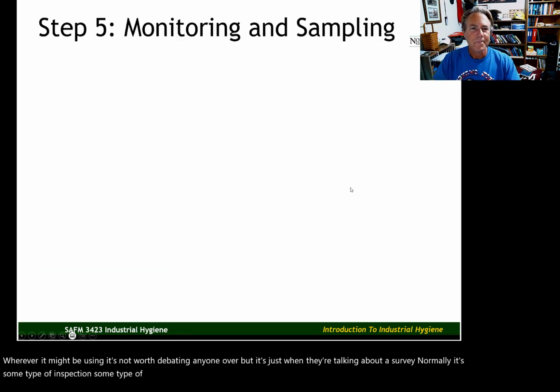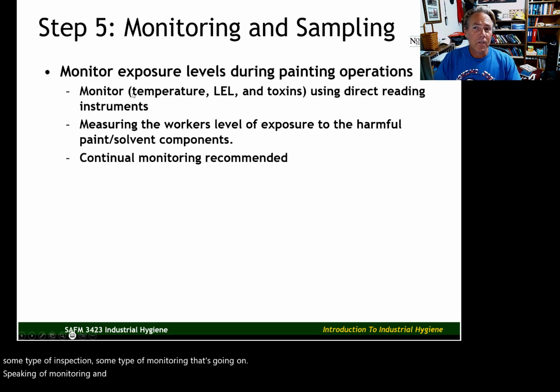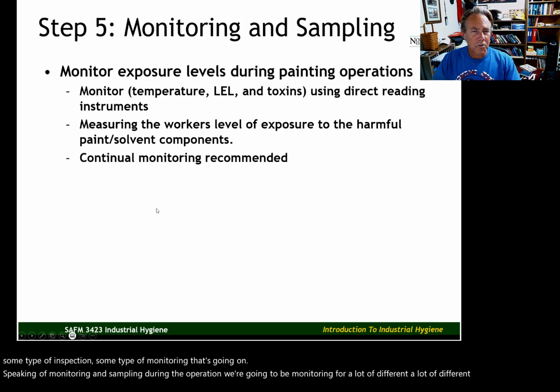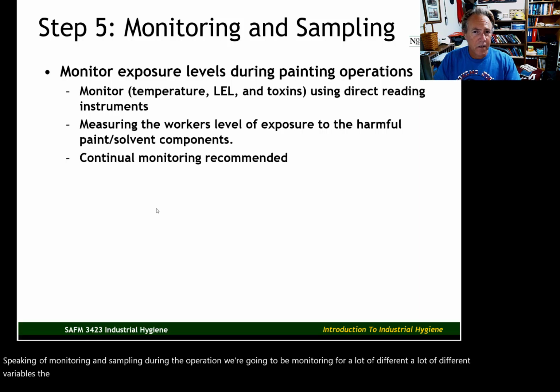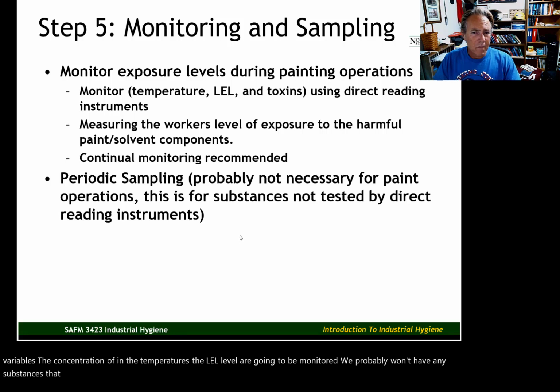And speaking of monitoring and sampling, during the operation, we're going to be monitoring for a lot of different variables. The concentration of toxins in the air, the temperatures, the LEL level are going to be monitored. We probably won't have any substances that would require more of a sampling procedure.